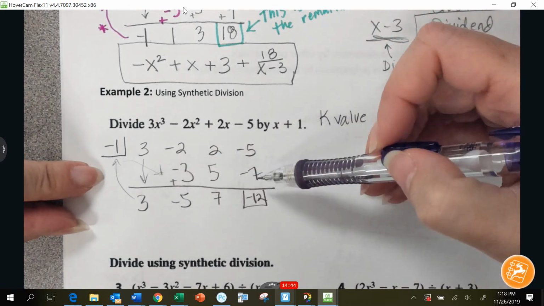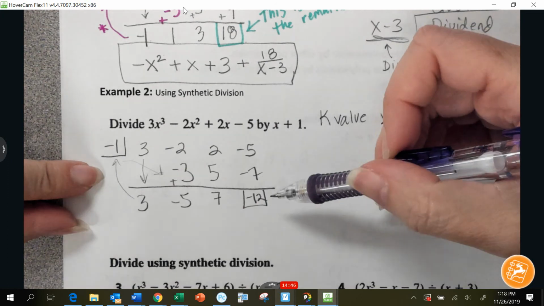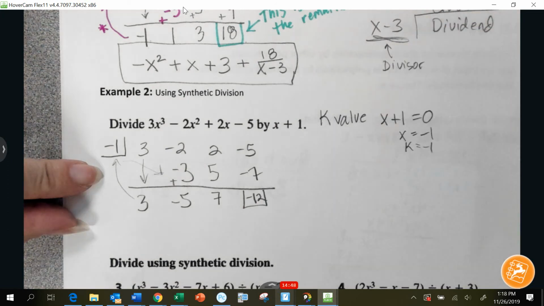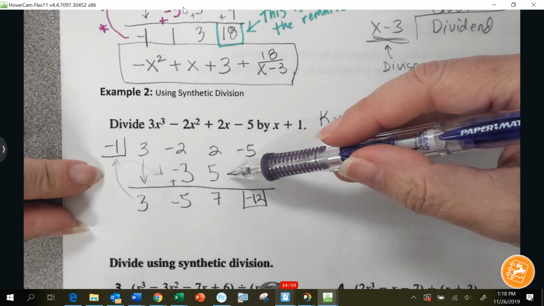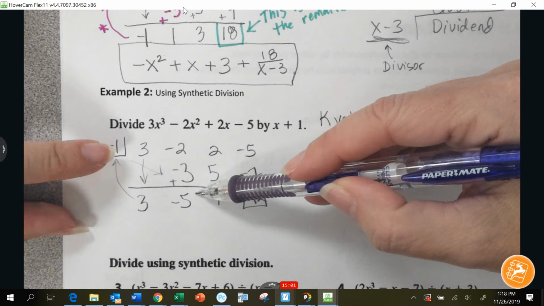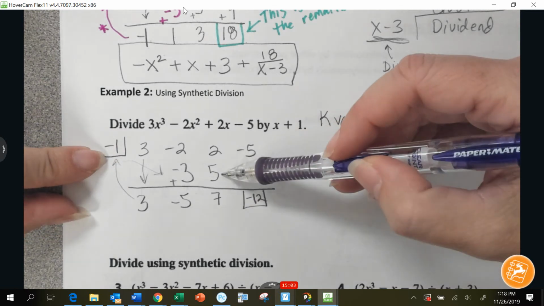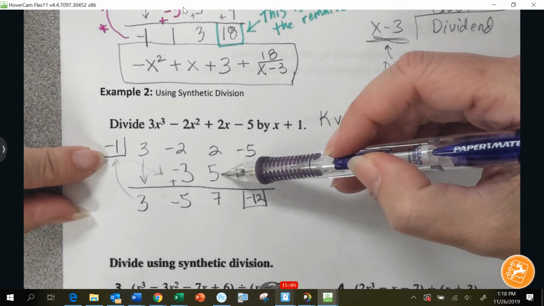Multiply, put it in there, add the column. The last one gets a box, because it's the remainder. Like, I did negative 5 times negative 1, which is positive 5.